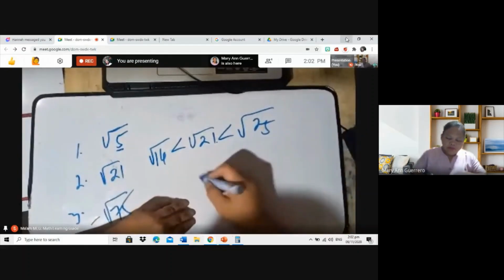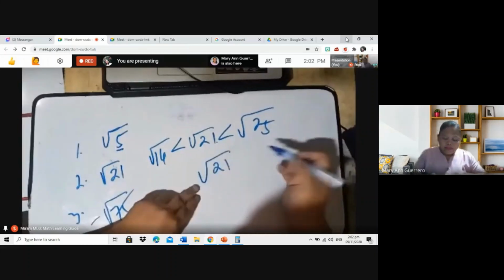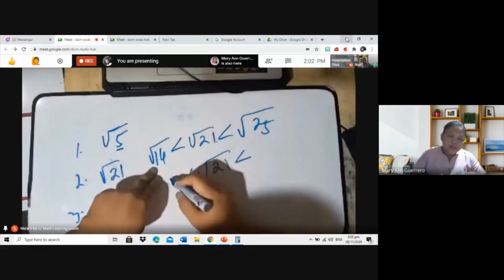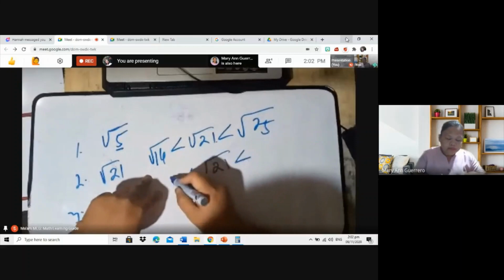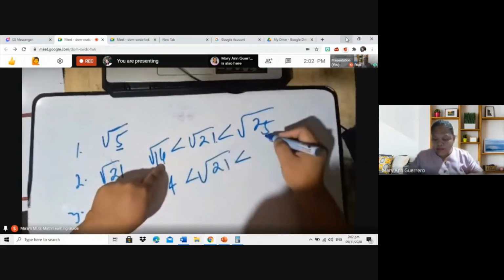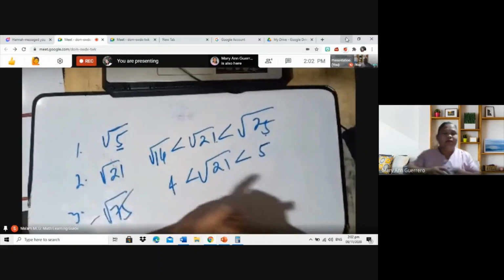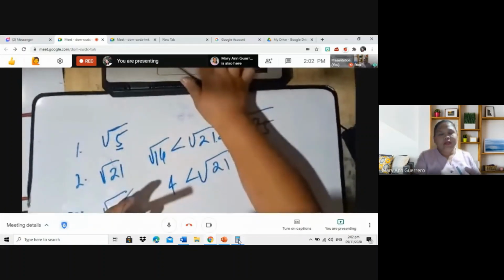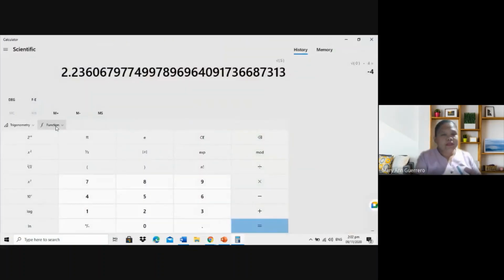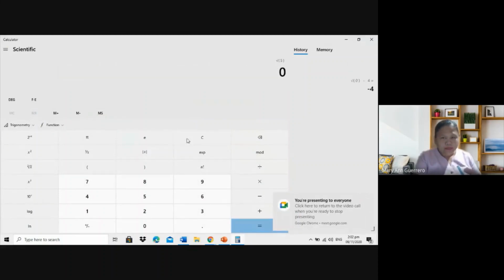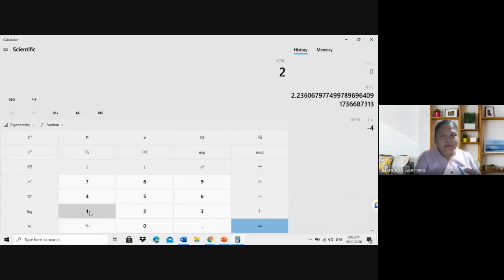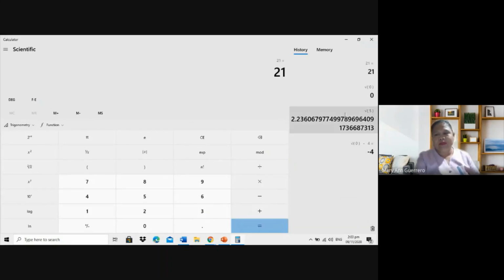So, therefore, the value of square root of 21 is greater than 4 but less than 5, or between 4 and 5. Okay. Again, kuhanin nga natin si square root of 21.